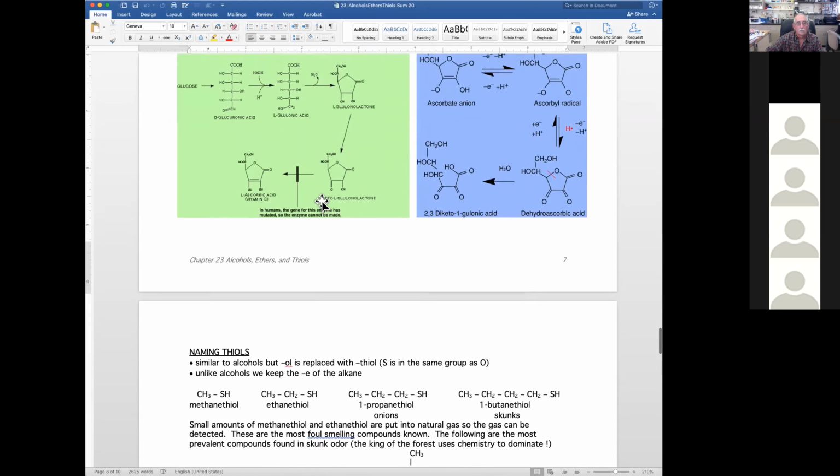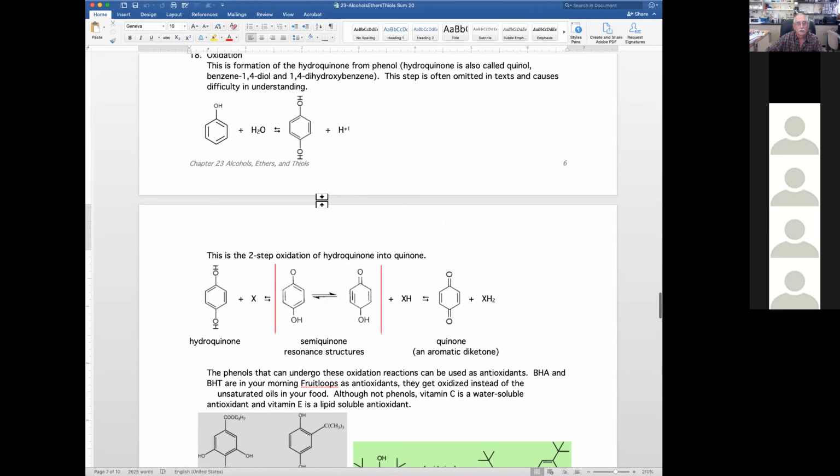Okay, so if there's a H on the sulfur, it's a thiol, and if there's no H, it's a sulfide. Right. Okay. So say you had this, right? That's a thiol.